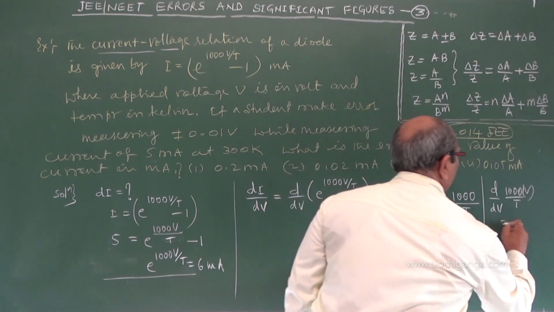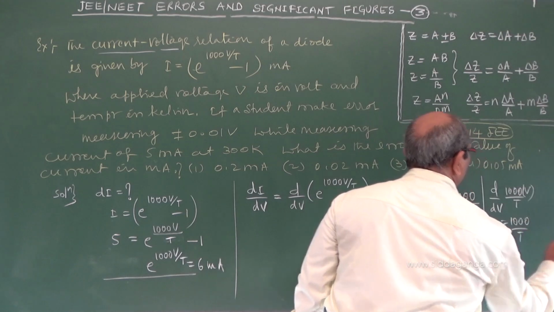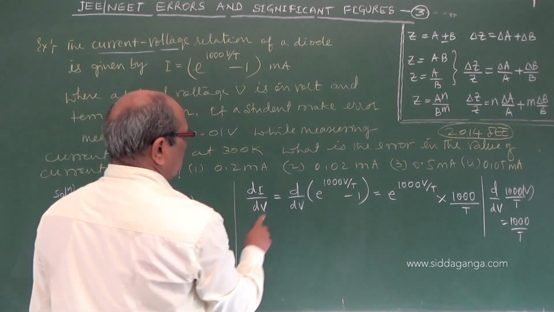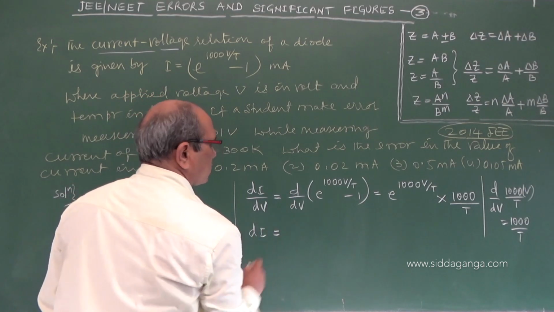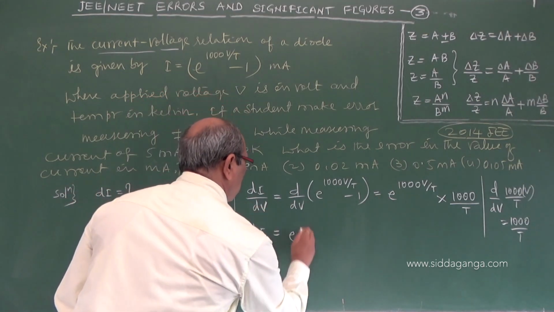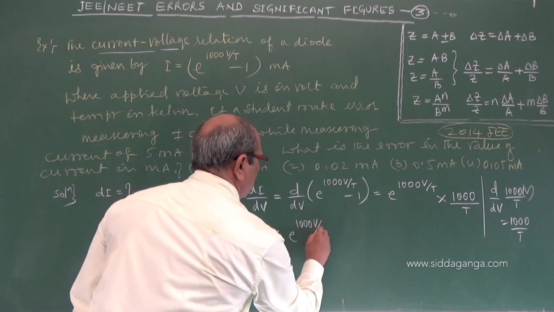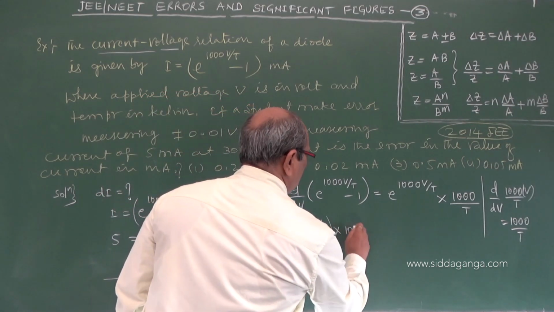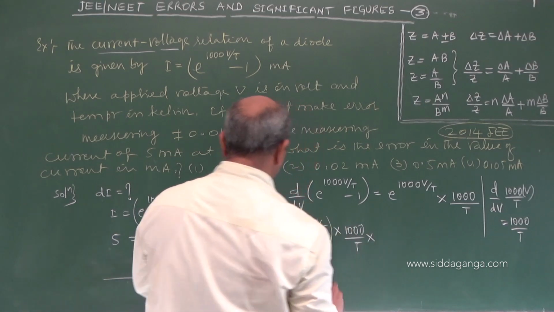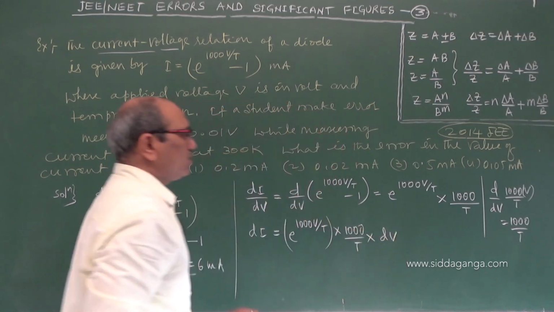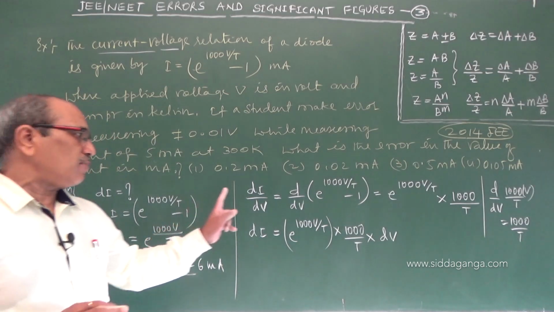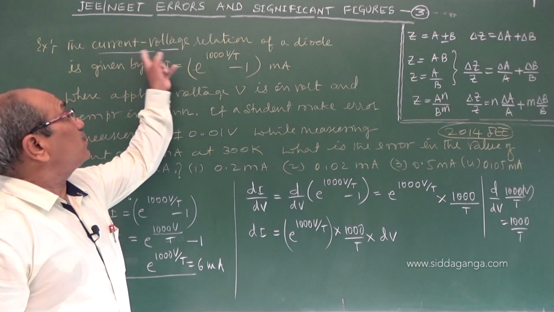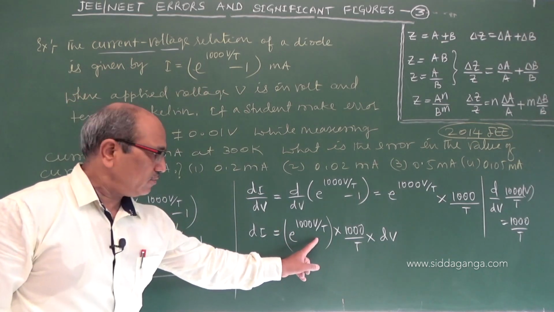So dI is e to the power of 1000 V by T into 1000 by T into dV. This is the derivative of I with respect to V, from the IV relation.